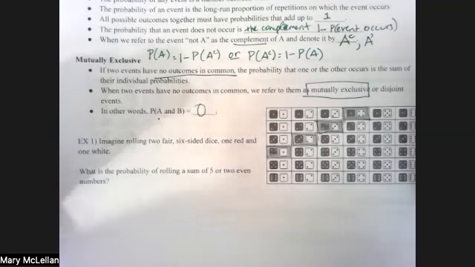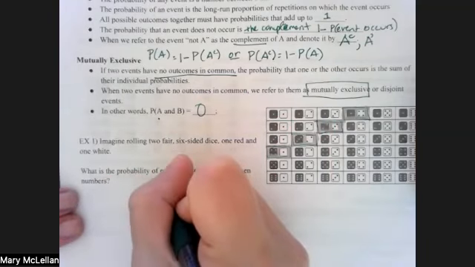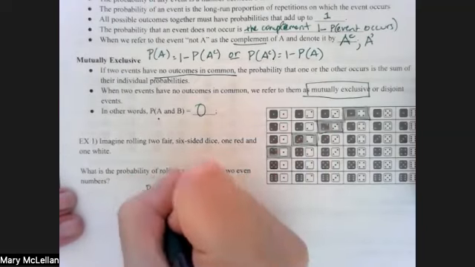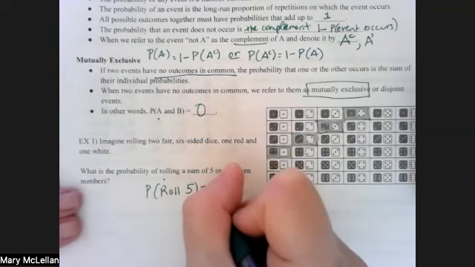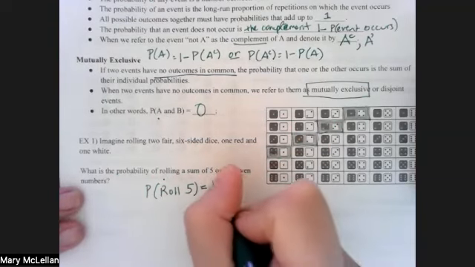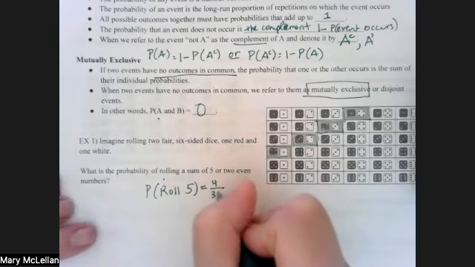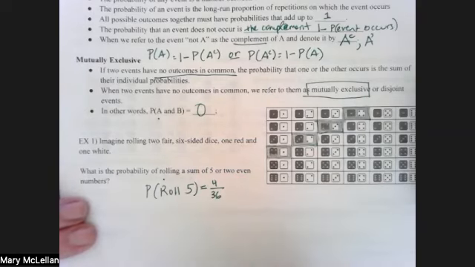Okay, so the probability of rolling a 5 is equal to 4 out of the size of my sample space, which is 36, because there are 36 things that could happen if I roll 2 die.